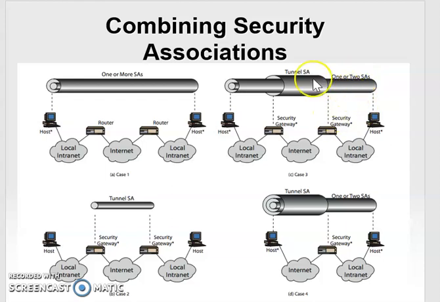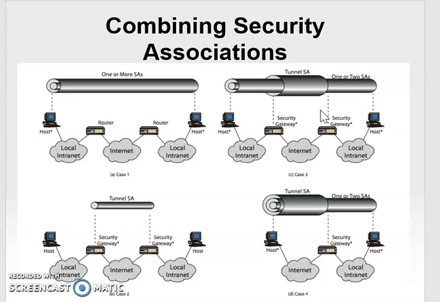So the tunnel could be using ESP or ESP with authentication. Nested tunnels are not required in this case because IPsec services apply to the inner packets.